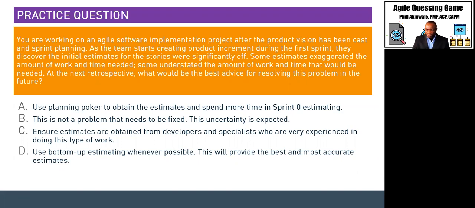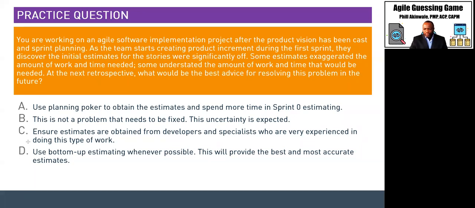So this option of using specifically planning poker is bogus. This is not the best option that I would go for, but let's take a look at whatever else is on the table. Option B, this is not a problem that needs to be fixed. This uncertainty is expected. Okay, well, let's hold on to that one. We'll double back down and take a look at A and B again.